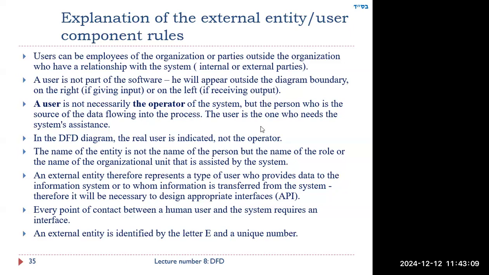A user is not necessarily the operator of the system, but the person who is the source of the data flowing into the process. That's the point that I think is important. The user is the one who needs the system. In other words, I want to create an account. I'm a student.